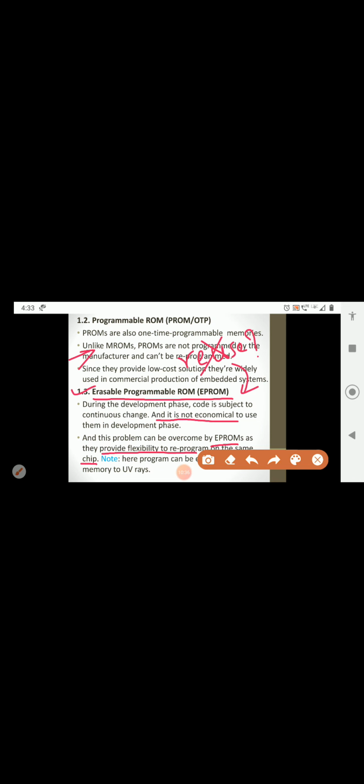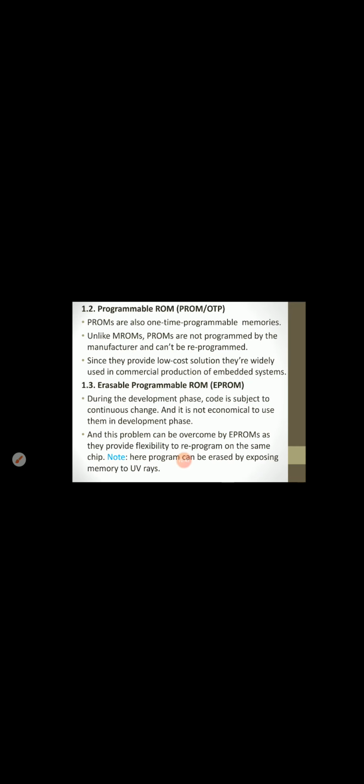So you can reprogram it multiple times. Here the program can be erased by exposing the memory to UV rays, that is ultraviolet rays. How are we reprogramming this EPROM? By the method of exposing that memory to ultraviolet rays. This is how we are reprogramming the erasable programmable ROM.